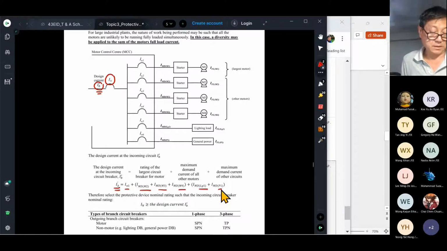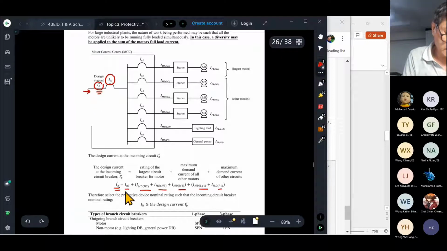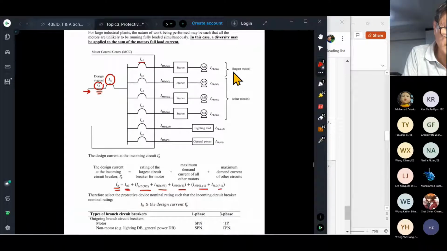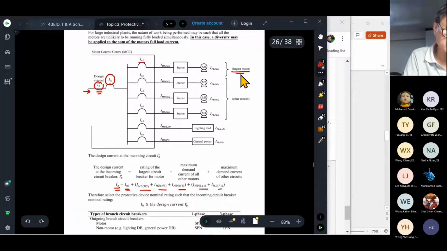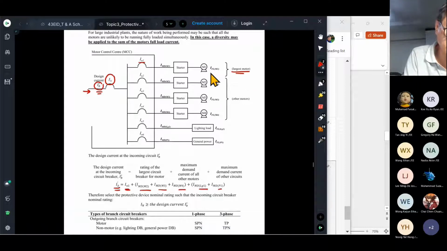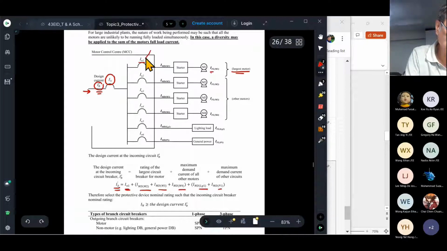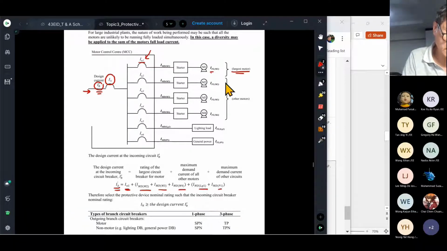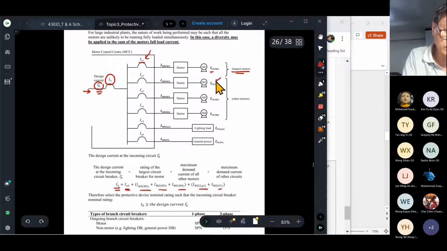That means the IB at this point is calculated using IN1. What is IN1? IN1 means the circuit breaker rating of the largest motor circuit. Instead of taking the I full load here, I take this value. Then after that, I take all the I full load or maximum demand value with any diversity factor implied.